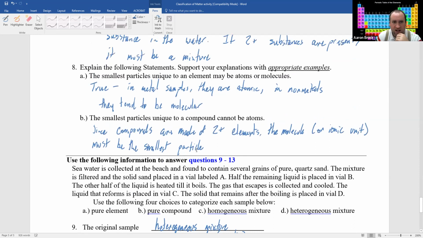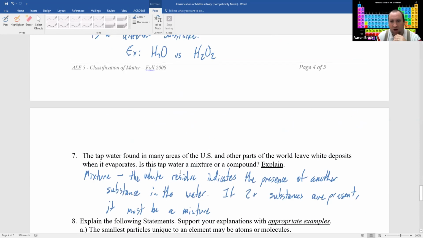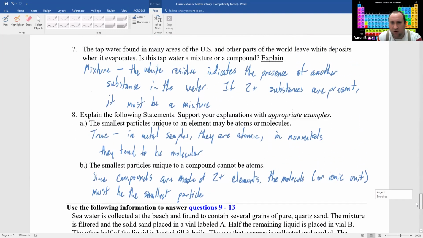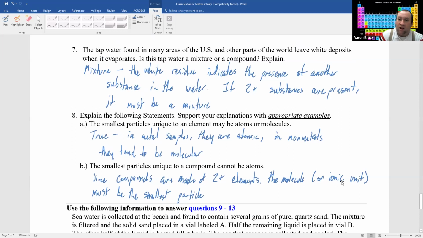All right, question 7. Tap water will leave white deposits when it evaporates. Is it a mixture or a compound? Well, if it was a compound, if it was just water, when the water evaporated, there'd be nothing left in the cup because it would be the only substance.